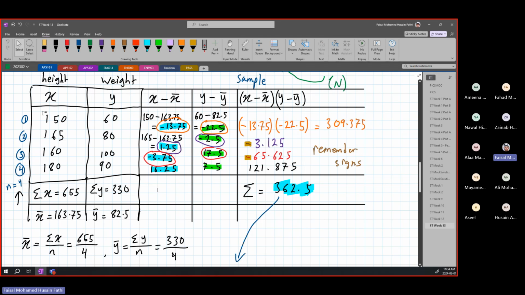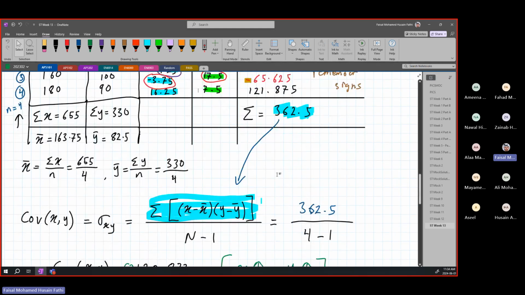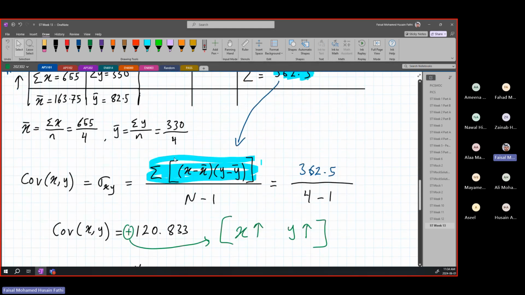We're going to be subtracting each and every value here and putting them in the table. Same thing for y. Then we are going to be multiplying them with each other. Once we multiply them, we're going to sum them, and we make sure that we are always remembering our signs everywhere. Once we sum them up, we are just going to plug it back into our covariance equation and then divide by n-1 for sample. And if we have population, we will only divide by n.